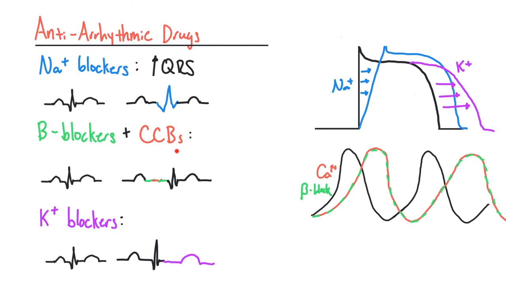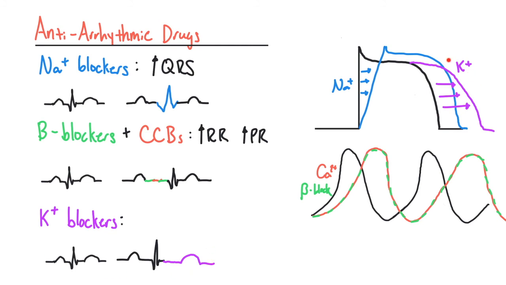Beta blockers and calcium channel blockers are overall going to slow action potentials in the SA node and AV node, overall leading to an increased interval between contractions, an increased R to R interval, as well as an increased interval where the signal is held up in the AV node, thus prolonging the P to R interval. And finally, our potassium channel blockers.